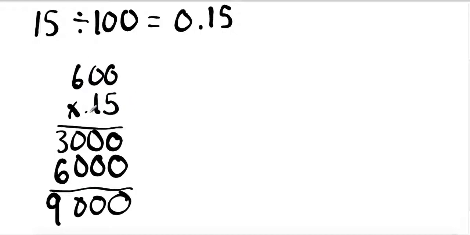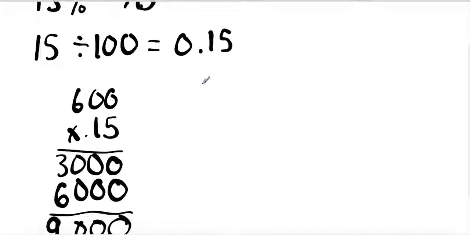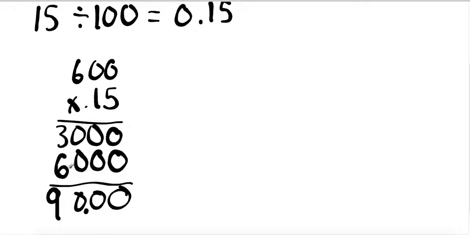We have 2 place values before the decimal. So 90 is 15% of 600. And remember, we're just looking for the percentage here. We're not finding cost after tax or anything like that.